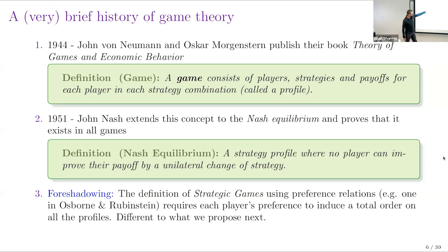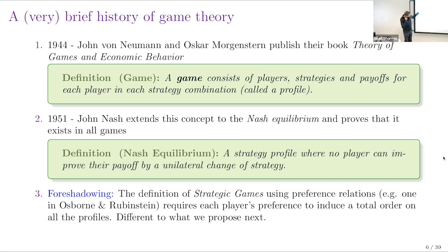The way that they define the game is that a game consists of players, strategies, and payoffs for each player in each strategy combination. Think of strategies as the actions that the players take. For example, if there are two players, the pair of actions, one for each player, is called a profile.